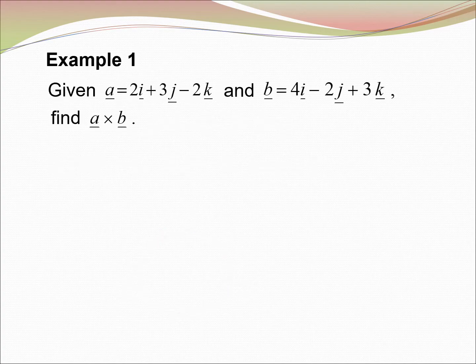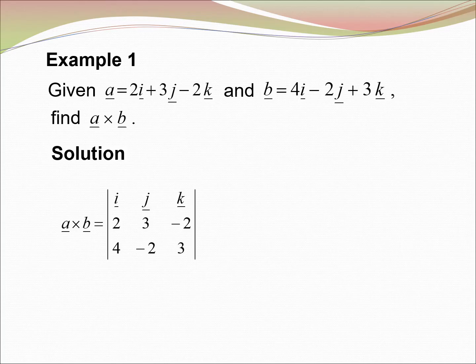Example 1. Given vector A is equal to 2i plus 3j minus 2k and vector B is equal to 4i minus 2j plus 3k. Find vector A cross B. First, we represent vector A cross B in determinant form, where the first row is the components i, j, k, the second row is the coefficients for vector A, and the third row is the coefficients for vector B. Expanding along the first row, eliminating the first row and first column, we get 9 minus 4 for component i.